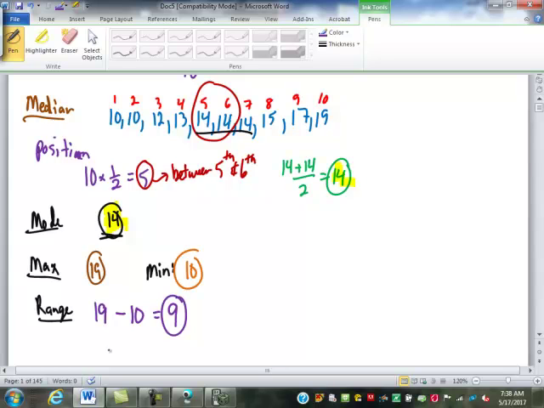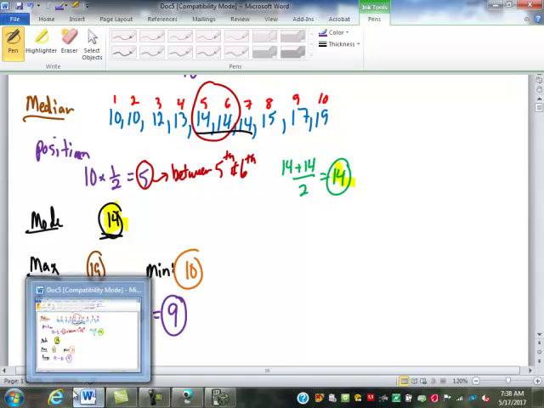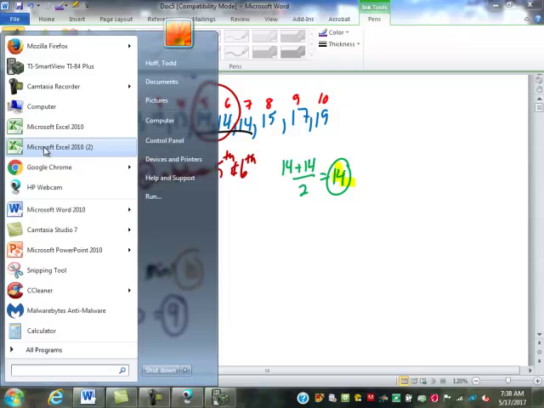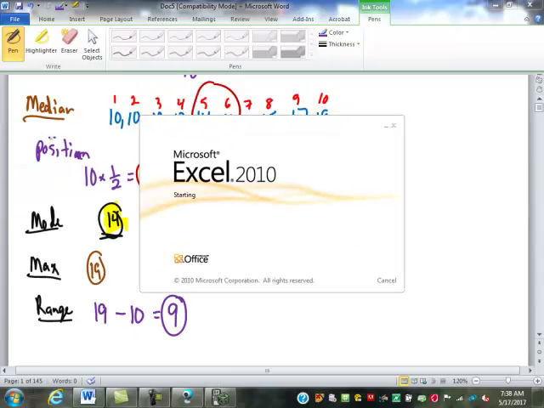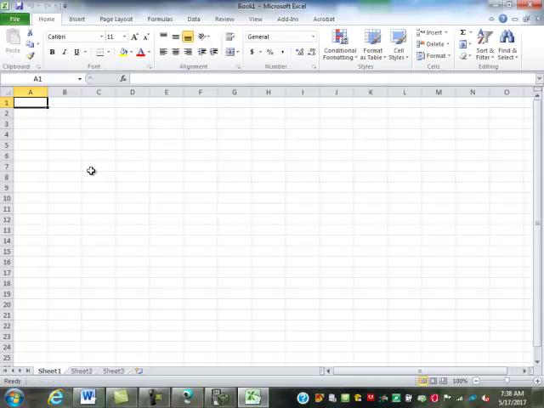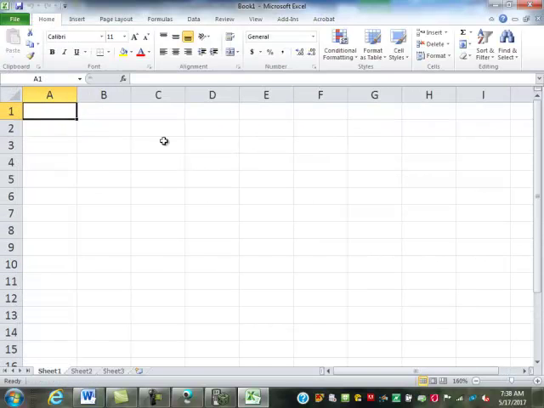Standard deviation is going to be a little bit fun. Yeah, there's some sarcasm there. So I'm going to use some technology to assist to speed it up. I'm going to put my numbers in here.